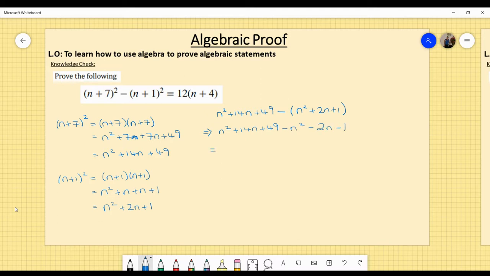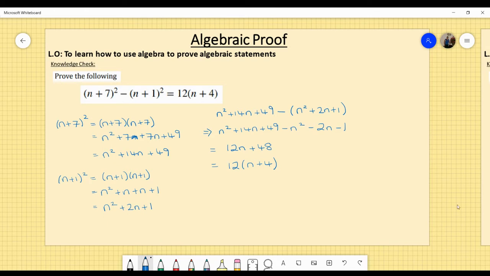We then simplify that. n squared minus n squared will cancel. 14n minus 2n will leave me with 12n, and 49 minus 1 will give me 48. So this now looks much closer to this, and if you can recognise then 12n and 48 have a common factor of 12, so I'm going to factorise that out to show that I can get the solution on the right hand side.